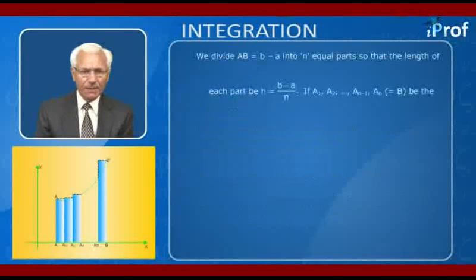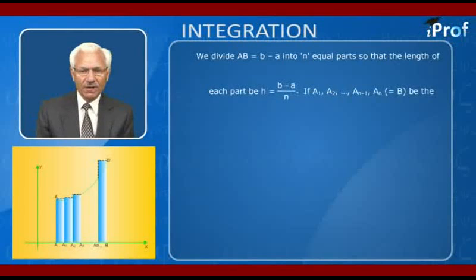Now we divide AB, which is equal to b minus a, into n equal parts, so that the length of each part is equal to h equal to (b minus a) upon n.